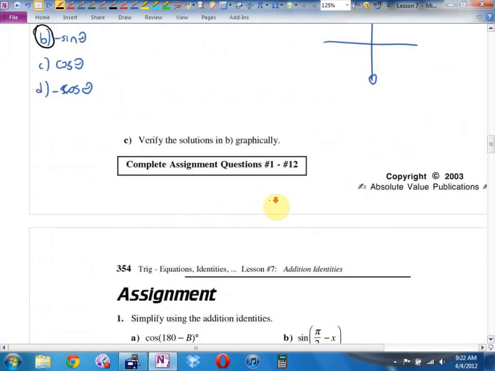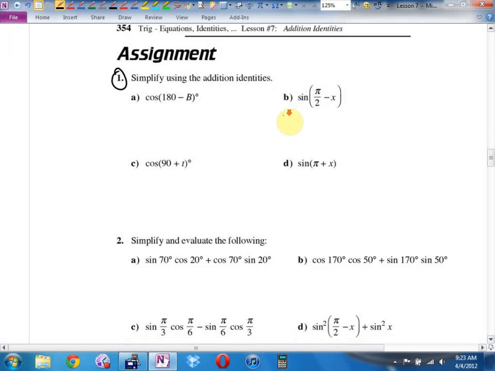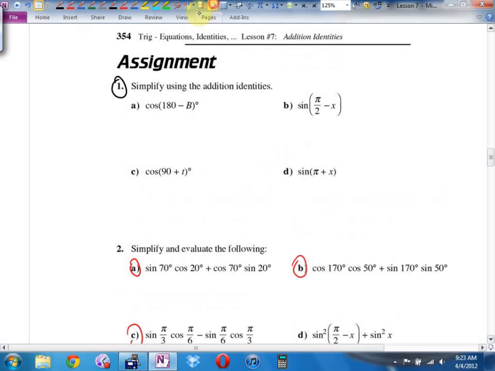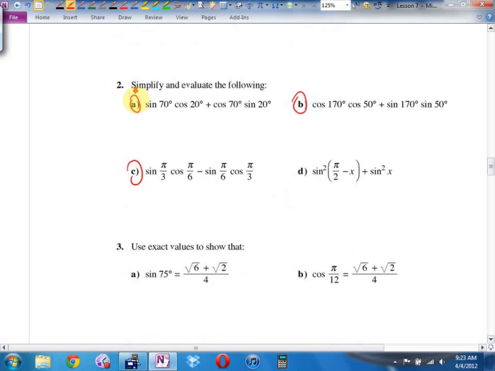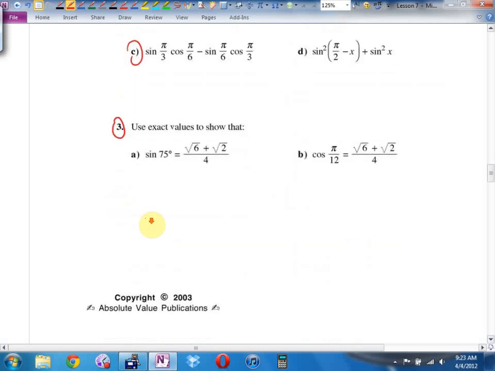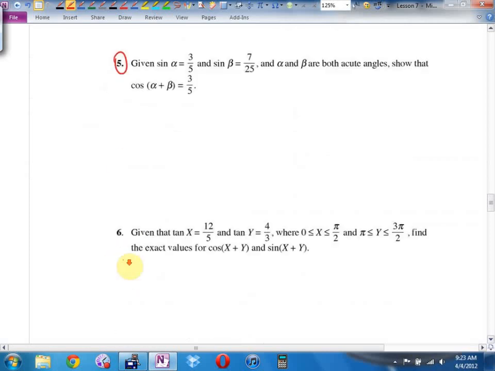Speaking of homework, what is the homework? Number 1 is exactly what I told you about just now. Each of these will end up being either positive sine, positive cos, or negative cos when you all simplify, when everything's done. 2A, B, and C. 3 is good. 4 is good. 5 is good.